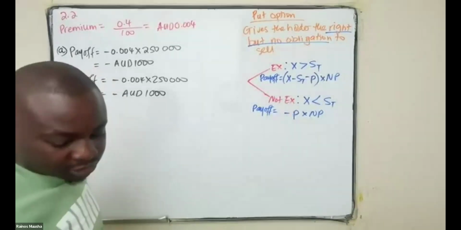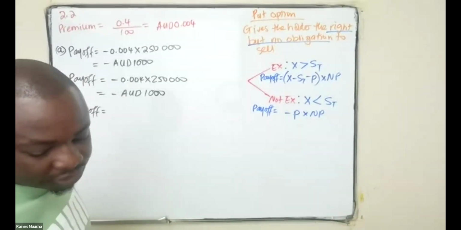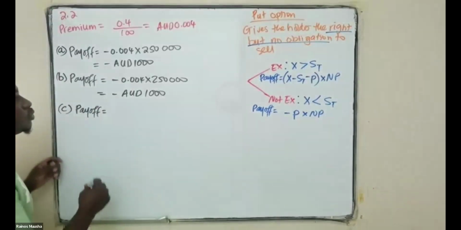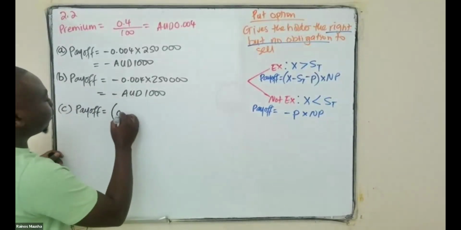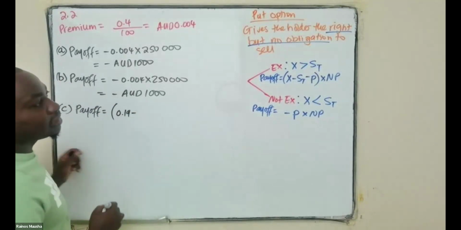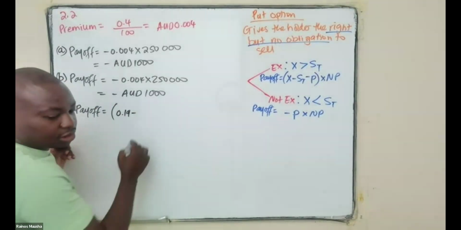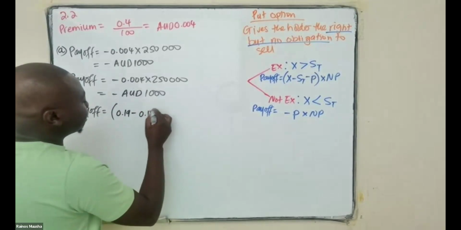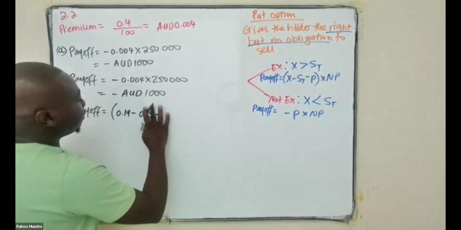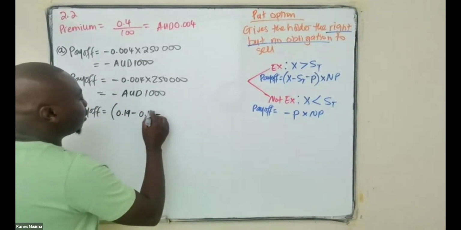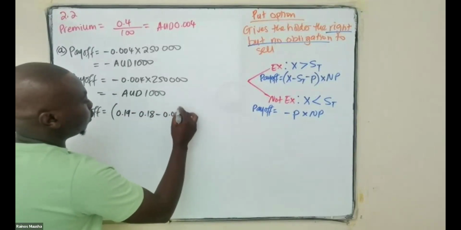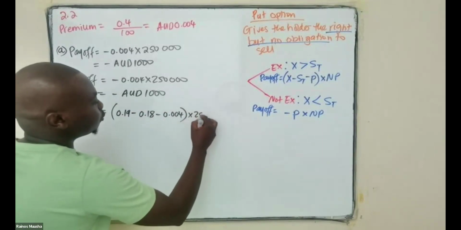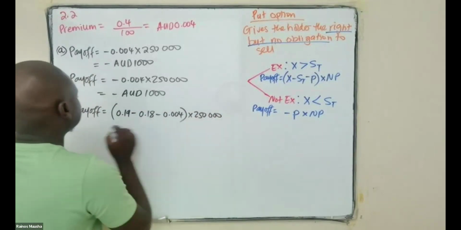If we choose to exercise the option, our payoff is going to be equal to the exercise price of 0.19 minus the spot price, which is 0.18, minus the option premium of 0.004, multiplied by the notional principal of 250,000.